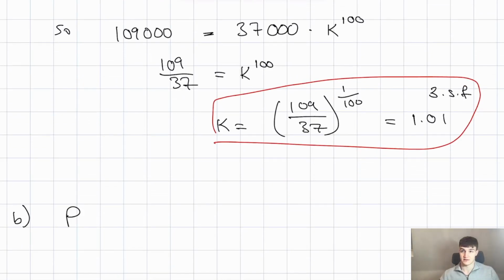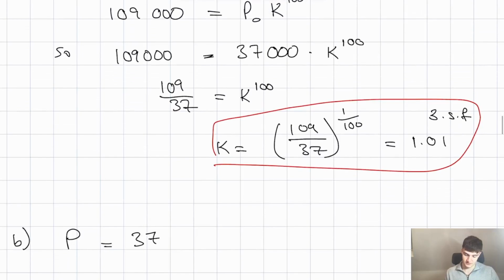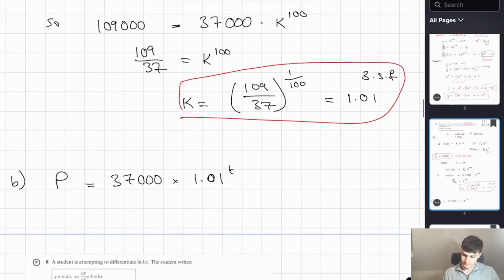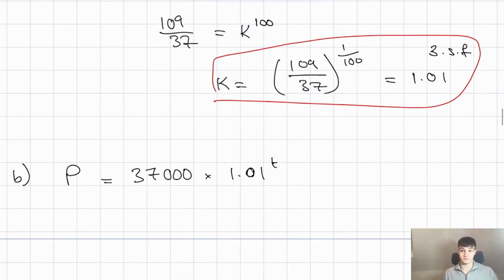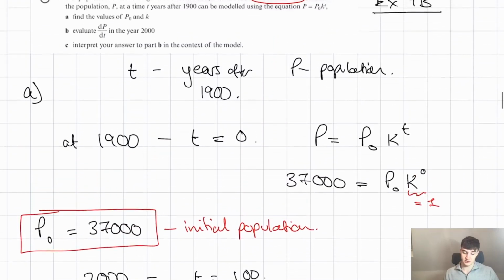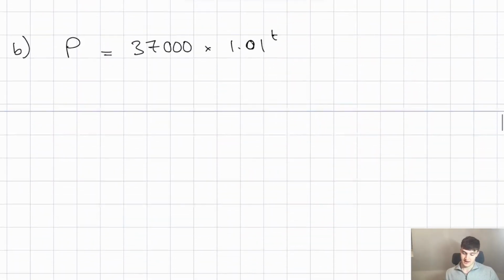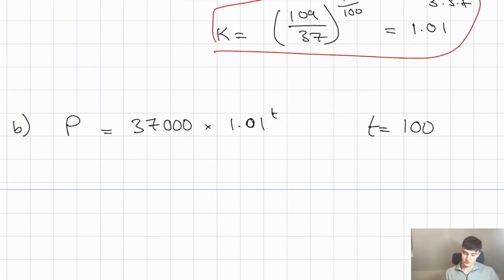It's going to be P is P naught, which is 37,000, times k, which is about 1.01, to the power of t. Okay, so we want to work it out. It said in the year 2000. So again, that's when t is equal to 100, and we need to differentiate P now.